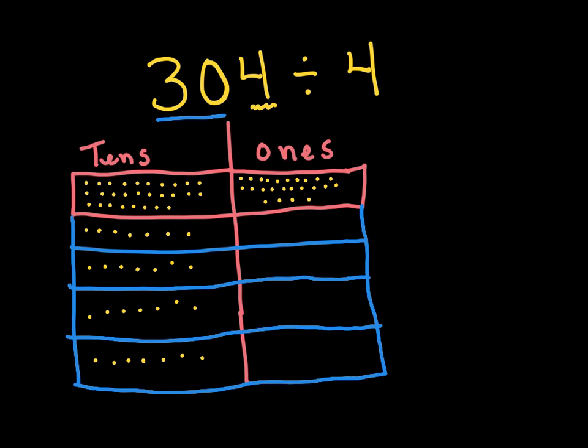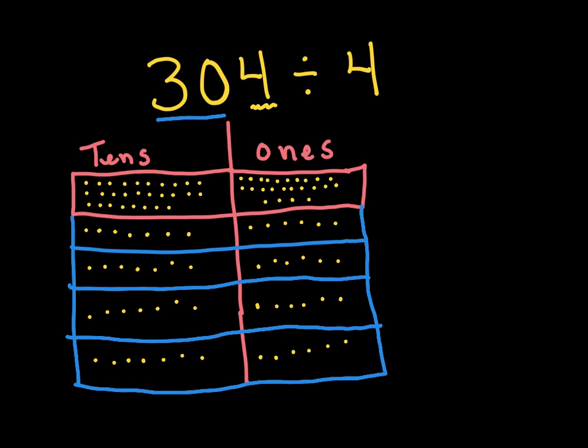Great. And in the ones we have 24 that we have to split up into 4 equal groups. 1, 2, 3, 4, 5, 6, 7, 8, 9, 10, 11, 12, 13, 14, 15, 16, 17, 18, 19, 20, 21, 22, 23, 24.